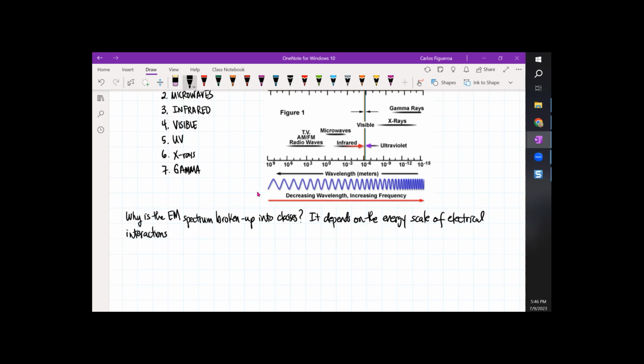I probably should have said electromagnetic interactions between, let's say, protons and neutrons in the nucleus and electron energy levels.